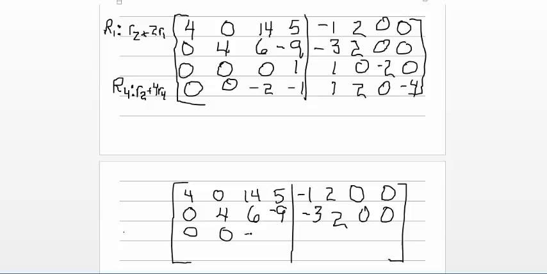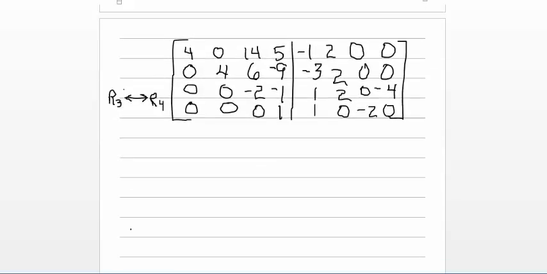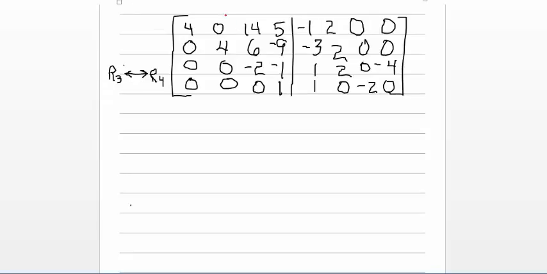Oh, actually, what we're going to do here is we're going to interchange row 3 and row 4 because row 3 is what we want row 4 to be. So we're going to simply interchange row 3 and row 4 here. And now we're going to get our 0 entries in column 3.